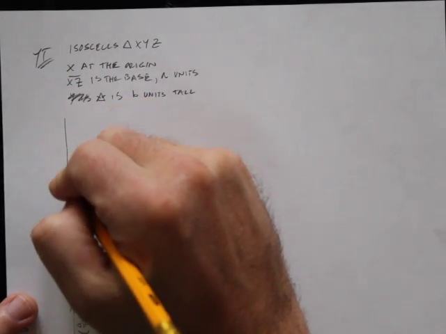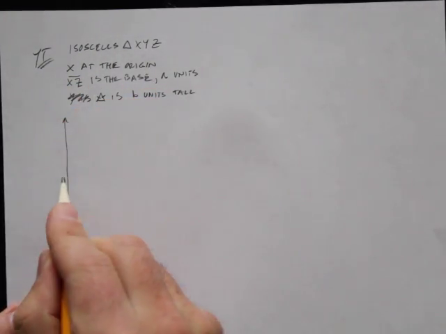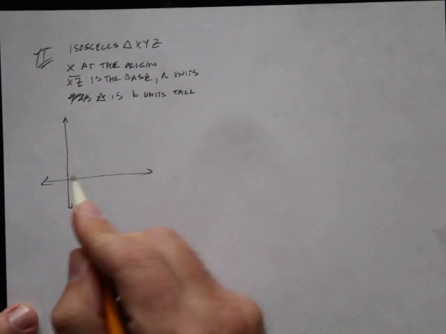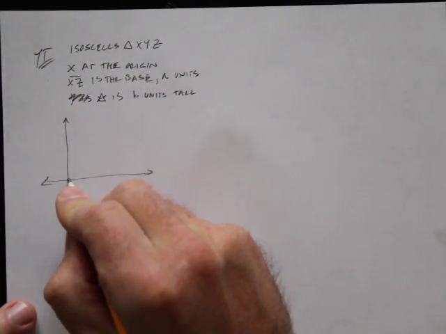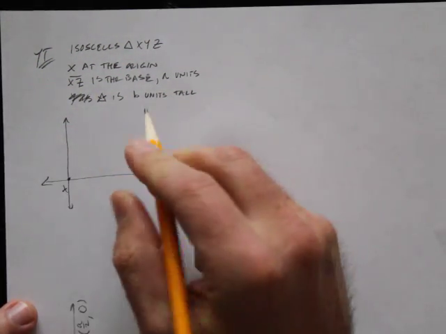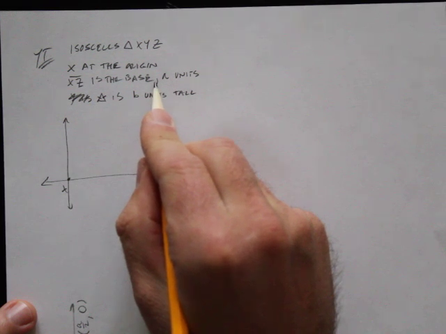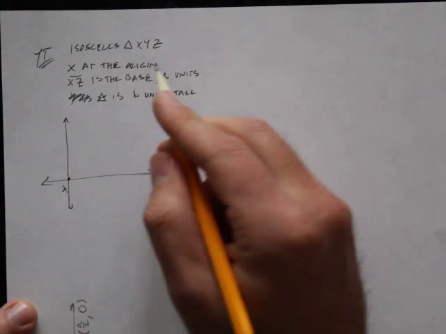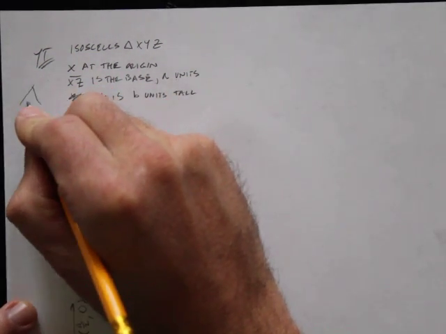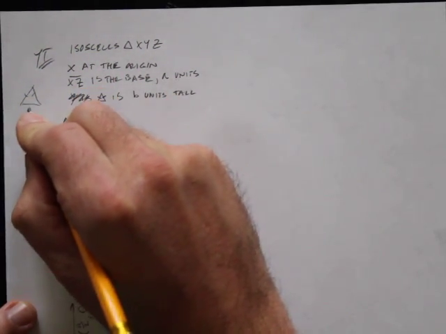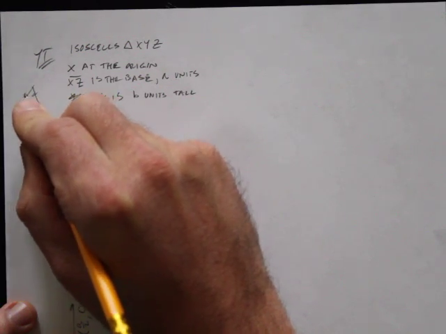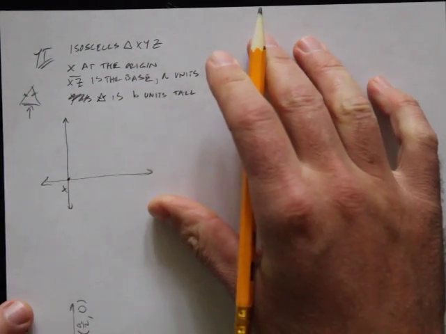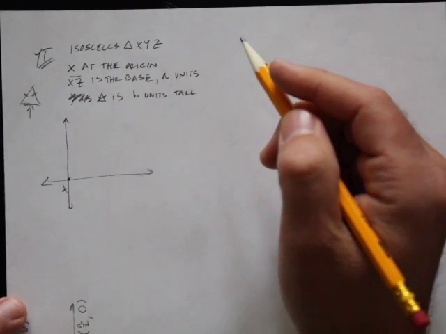All right, let's see how you did. On the coordinate plane, X is at the origin, and XZ is the base that is A units long. Remember, when you have an isosceles triangle, the base is the part that's not congruent to the other legs.